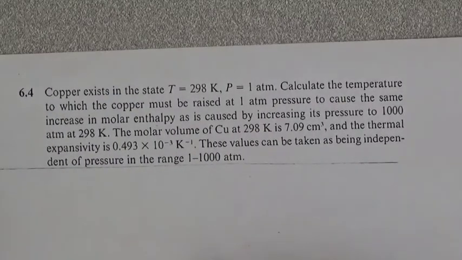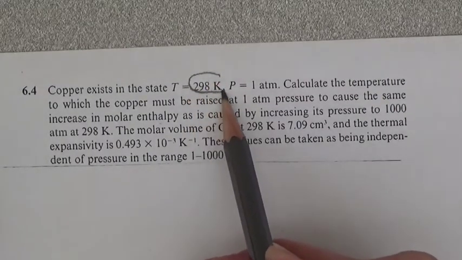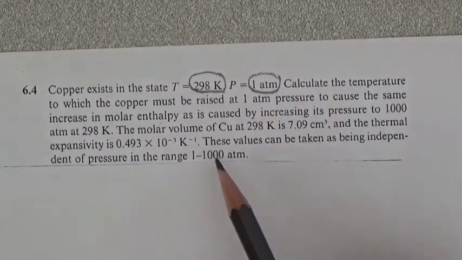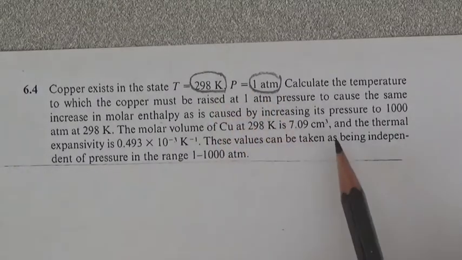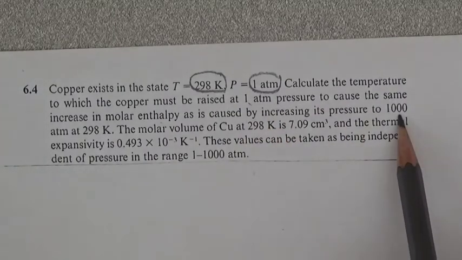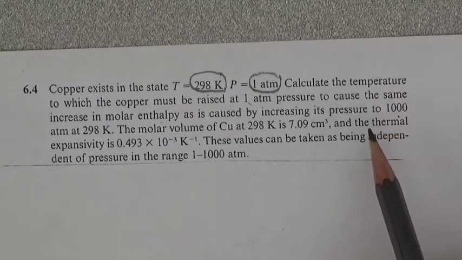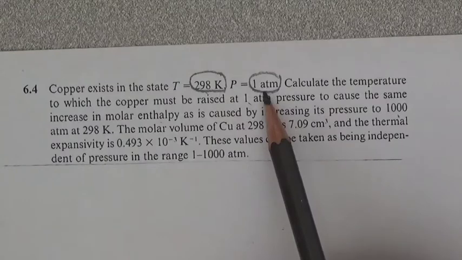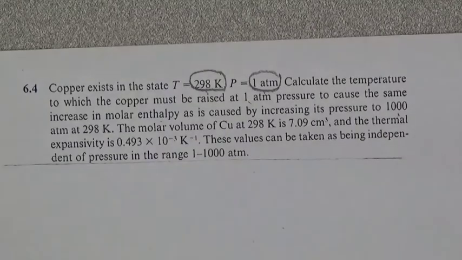Basically, we're saying that if we have copper at 298 K and 1 atmosphere, if we raise the pressure at constant temperature from 1 to 1000 ATM, how much does the enthalpy change? And given that, how much does the temperature have to rise if we were to increase the temperature at constant pressure to yield the same change in enthalpy?